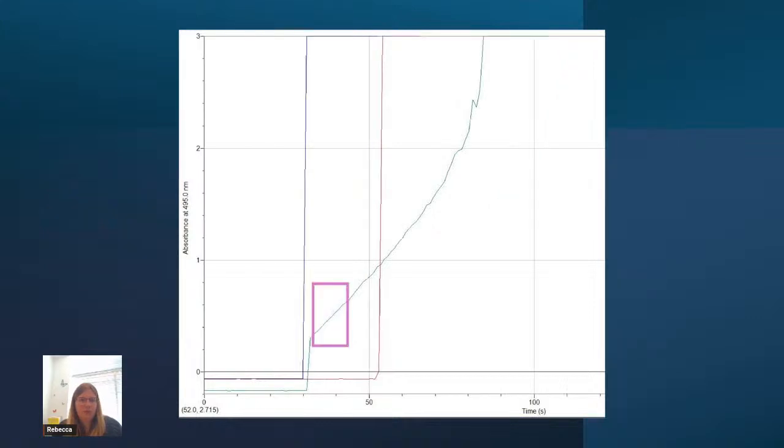This slide is highlighting an area that you would want to highlight as an initial rate of reaction. You will see that the green line has a steep incline from below 0 to above 0.